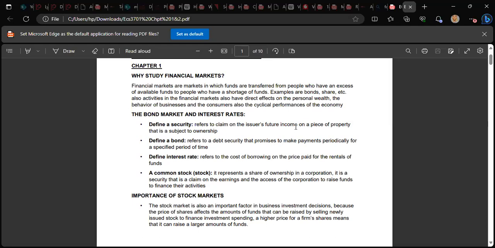So the risk is in two ways. Risk number one is that the government or the corporations fail to pay the interest attached to the bond, right? And risk number two is that the government or the corporation could fail to repay the capital amount at the end of the period, right?